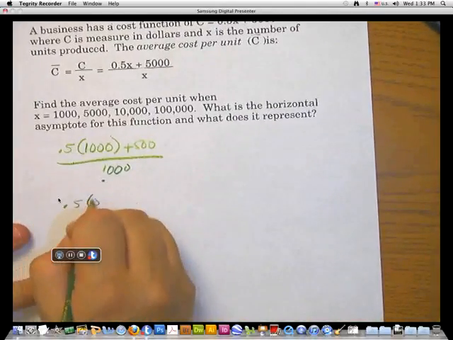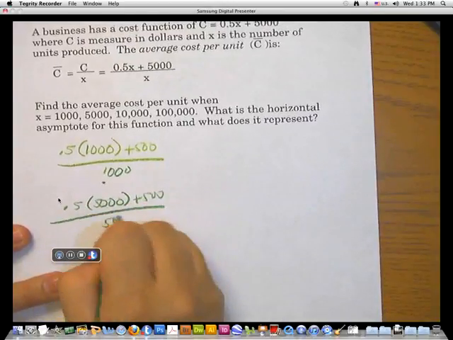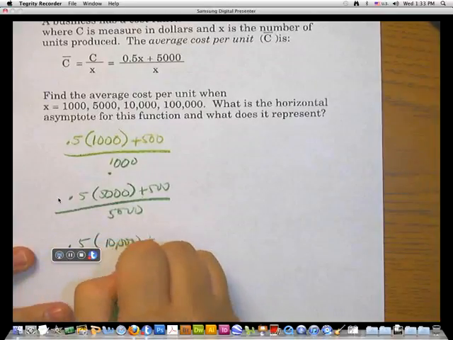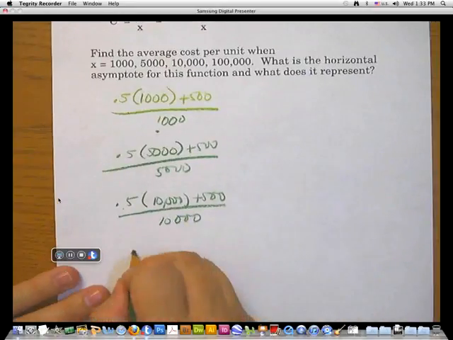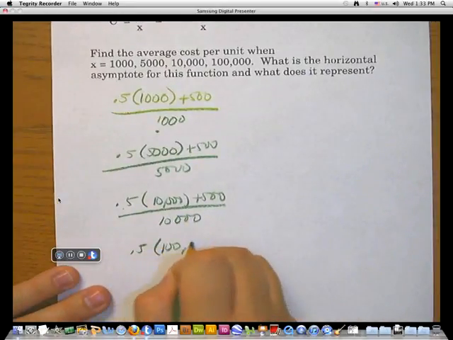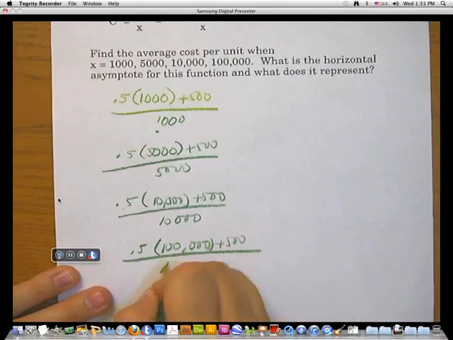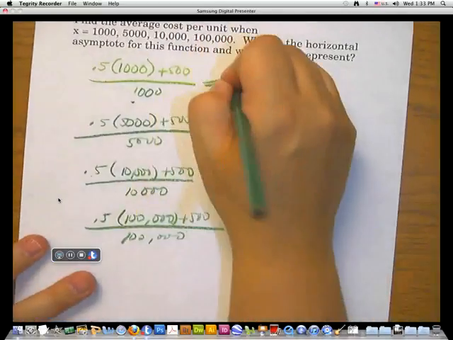Then we're going to do it again for the 5,000. You're going to do it again for the 10,000. And you're going to do it again for the 100,000. Alright, and you're going to come up with these solutions.